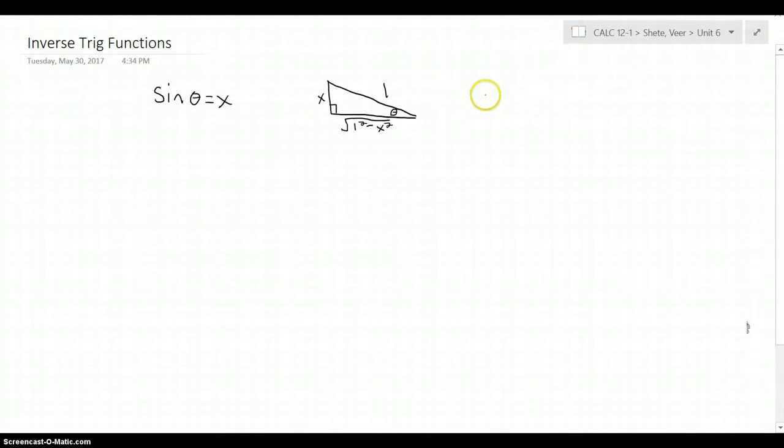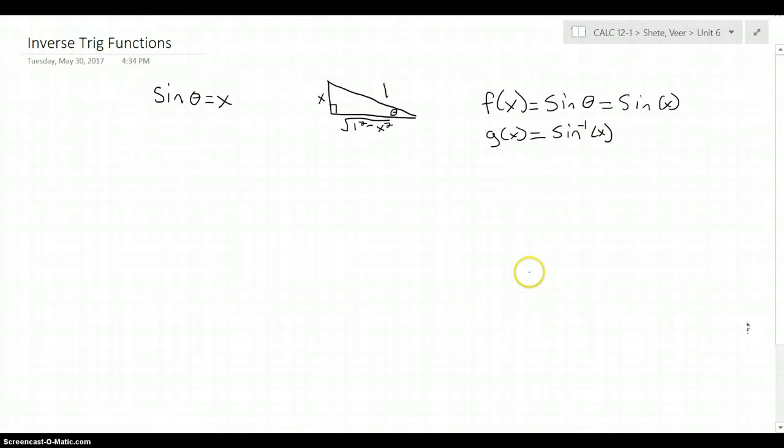And in this case, if our f of x is equal to sine theta equaling x, then our g of x is our inverse, which is our sine inverse of x. So now a fundamental thing to understand is that we're looking for the derivative of the inverse of sine of x. So to find that, it would be the derivative of our g of x.